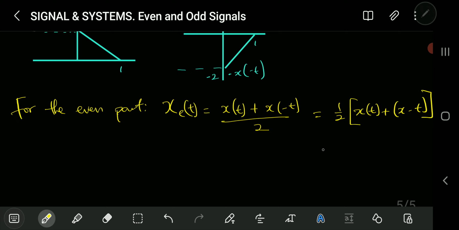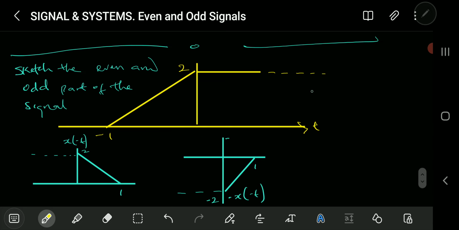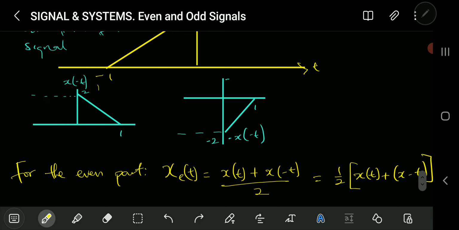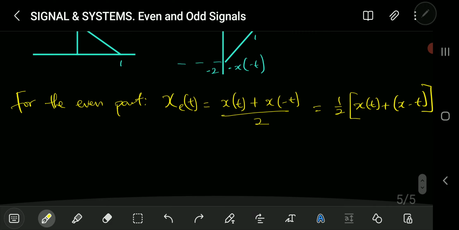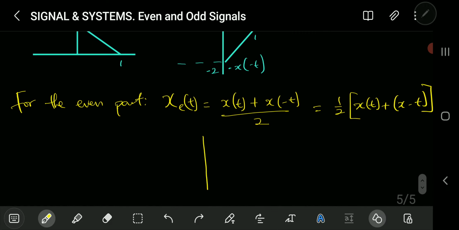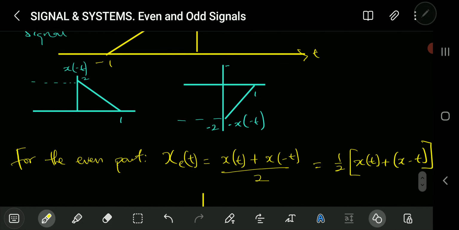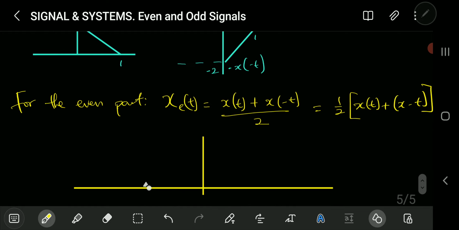Alright, so for us to draw what the signal will look like, we are going to take x of t itself, which is this signal, and x of minus t, which is this signal, and bring them together. In doing that, we are going to be having a signal that looks like this. So this is x of t, which we've done here.